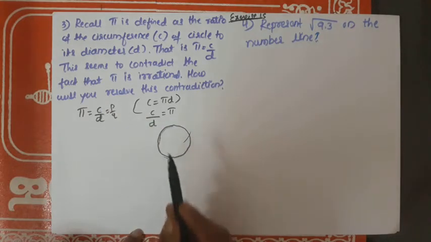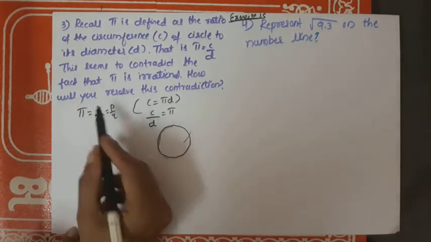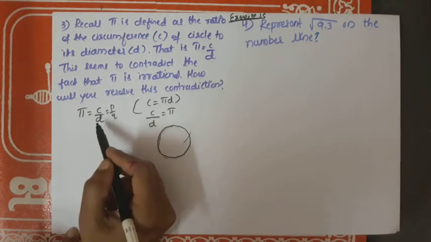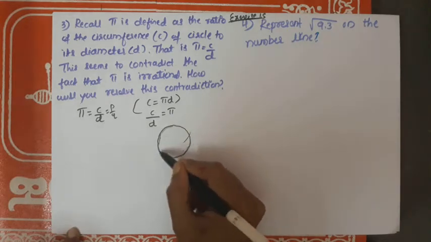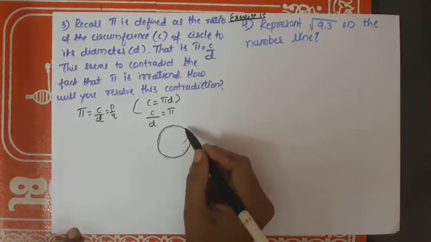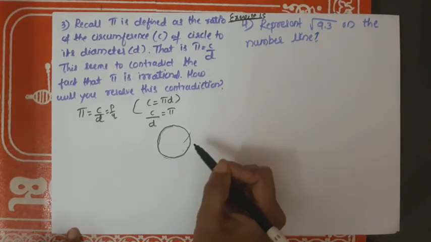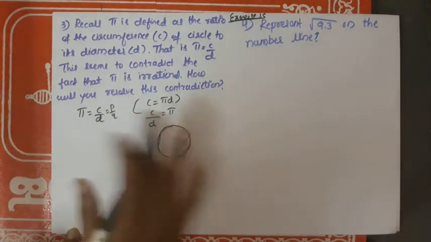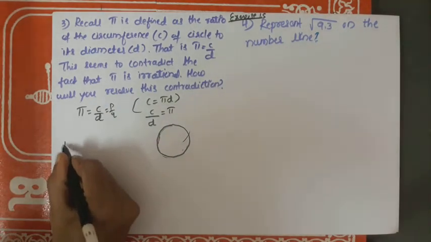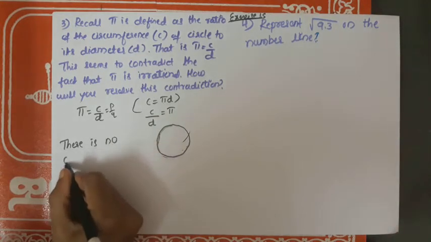Actually the value of c is irrational, but it shows in the form of p by q, that is, rational. We will get a nearest value, not the exact value. We will take the nearest rational number. That's why there is no contradiction.